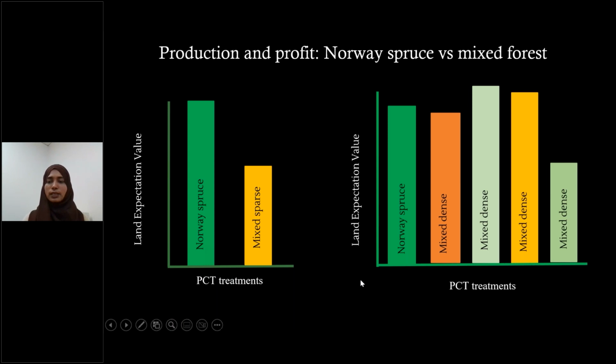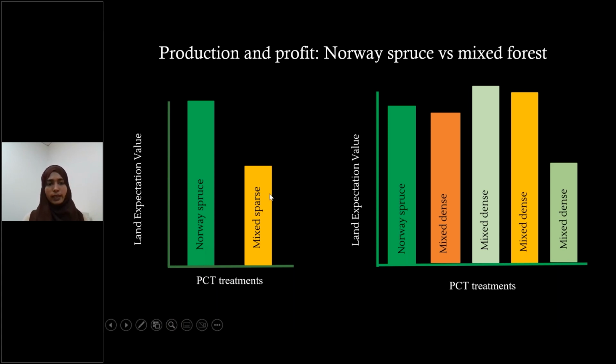But on this last site, when the simulation began, the height and diameter growth was lower in Norway spruce compared to the other. That might give the lower land expectation value at the end.